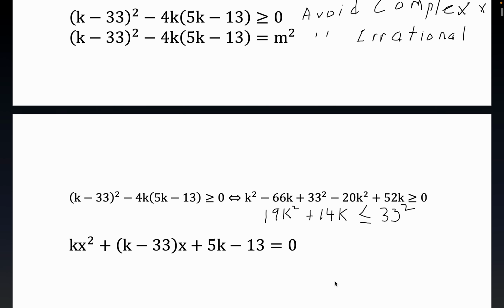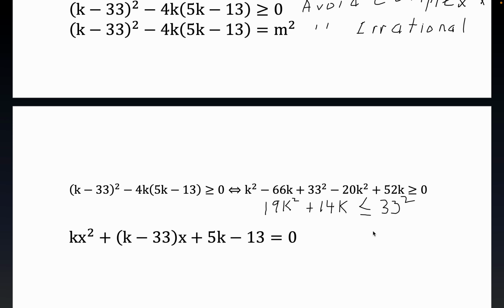If you go through the possibilities here, the only k's that are possible would be k equals 0, 1, 2, 3, 4, 5, 6, 7. I won't go through all this work. It's just ground out arithmetic. It turns out the only one that works is actually k equals 4.